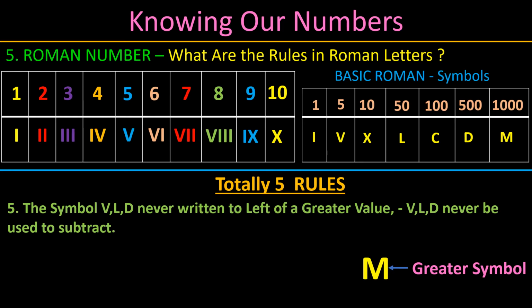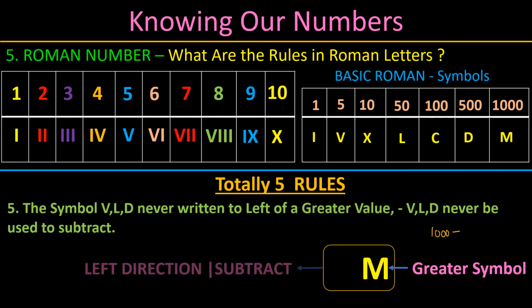M is 1000. If we add D before it, D is smaller and M is the greater number. D is how much? 500. Why unnecessarily write D before M to represent 500? There is already a basic symbol defined for it, D.